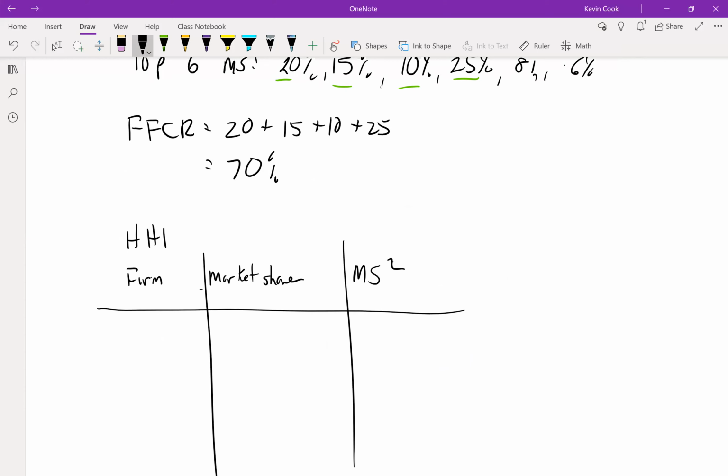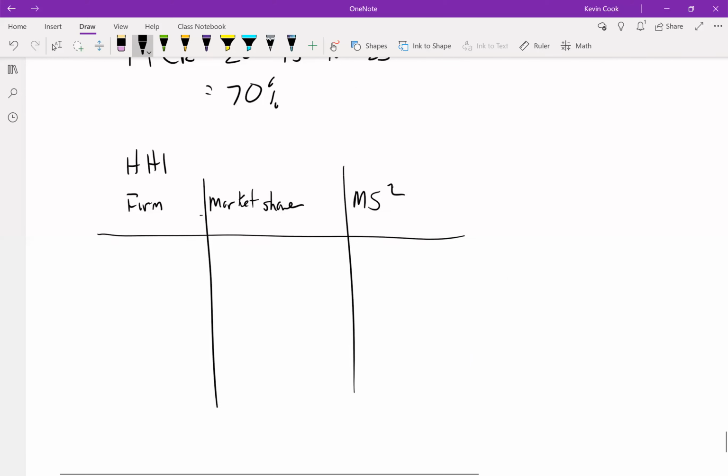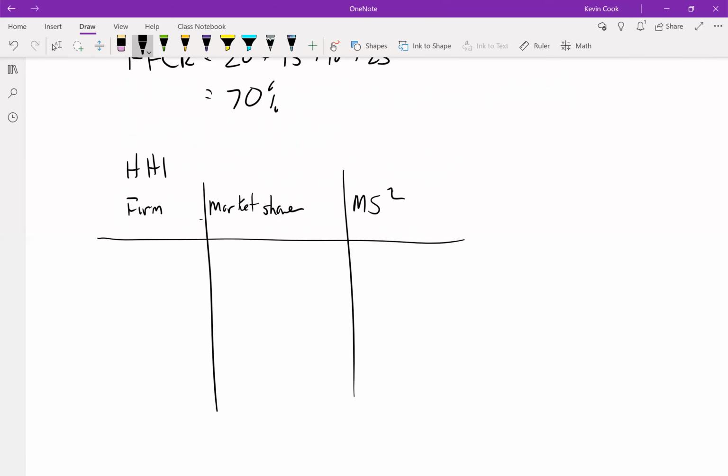So if we have, say, our automakers: Ford, GM, Chrysler, I guess Chrysler, Fiat, but whatever, Toyota, Honda, and we'll stick with those for now.